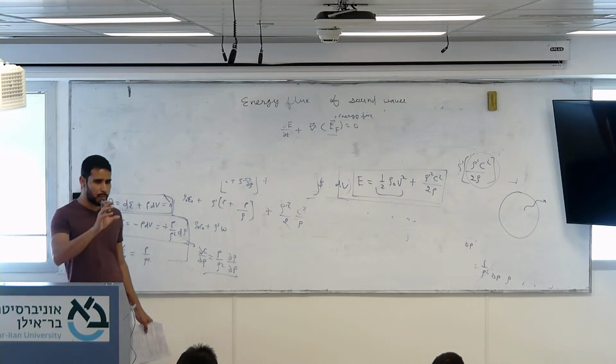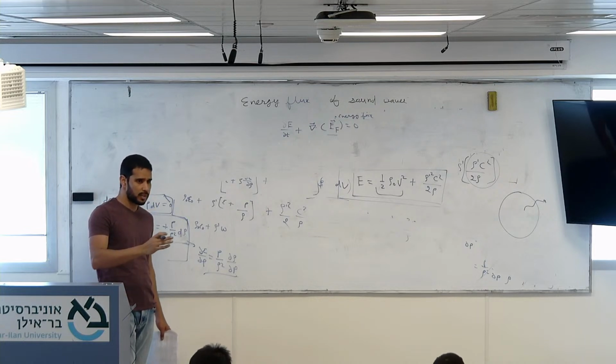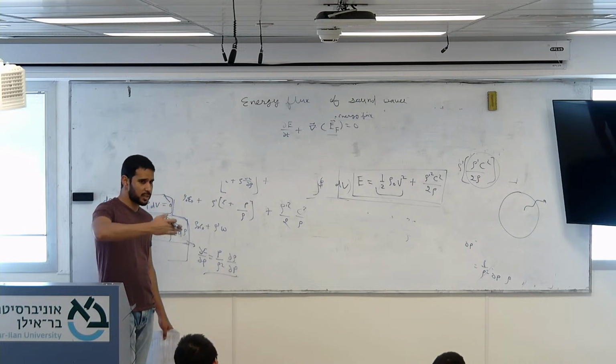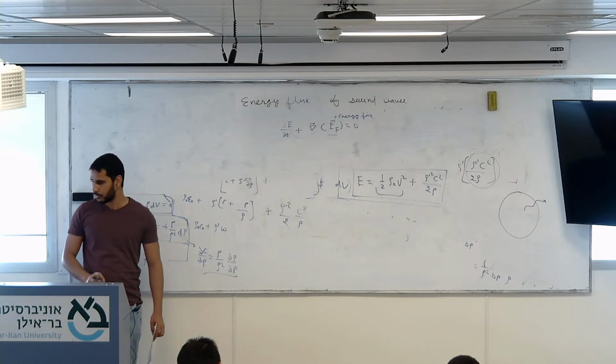Now what it shows is how much energy is there in unit volume. We have to see how much energy is flowing because of the perturbation, which is transferring the energy and momentum to the nearby particles.